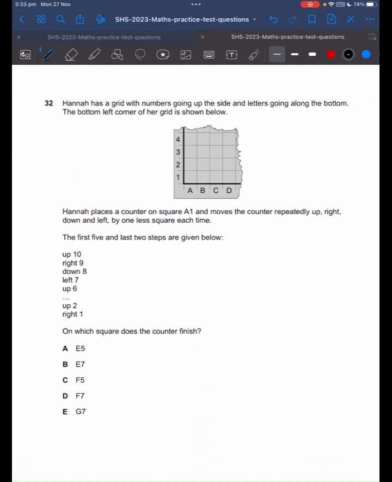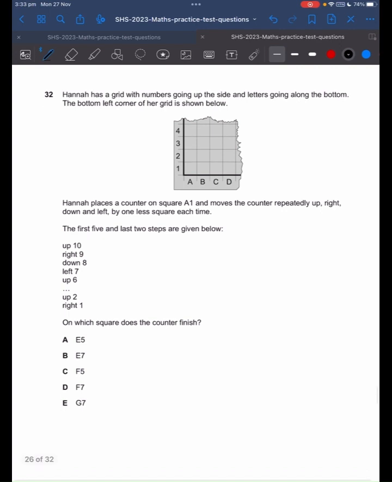Question 32. Now question 32, I would recommend writing out the alphabet first. Only up to, let's say, J, because J is the 10th letter. From here, we know that Hannah starts at A1.